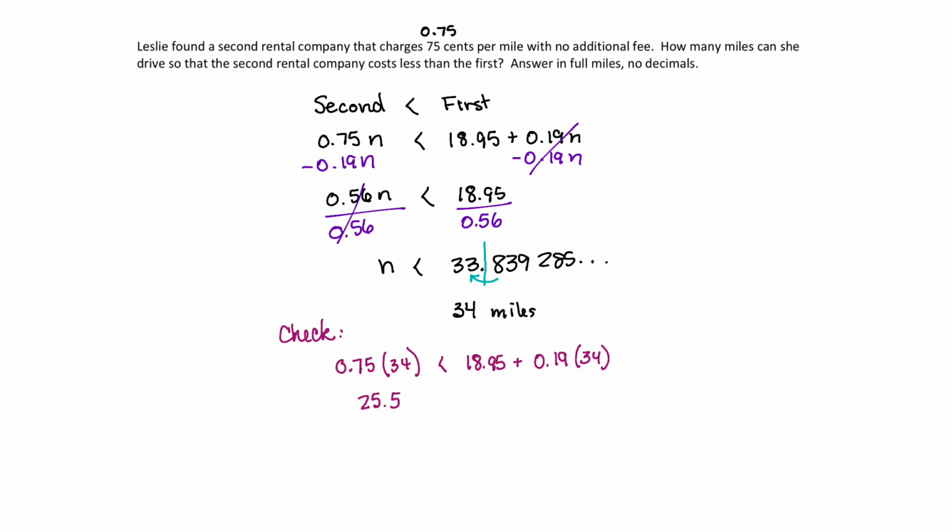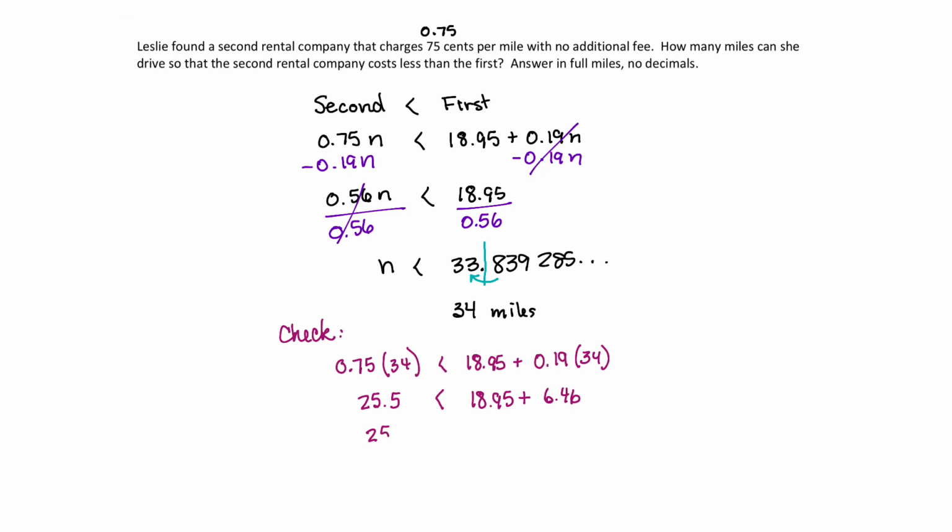On the left, we get 25.5. And now, is that less than the right? Okay, so 18.95 plus 6.46.